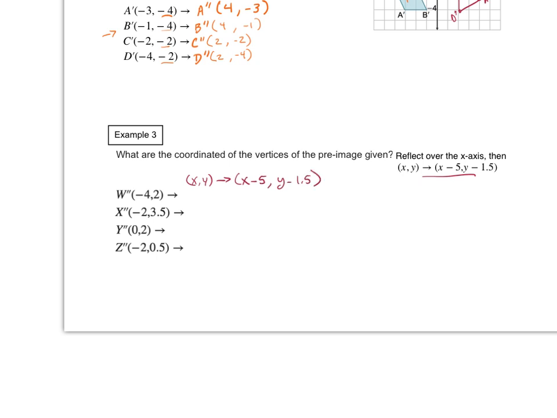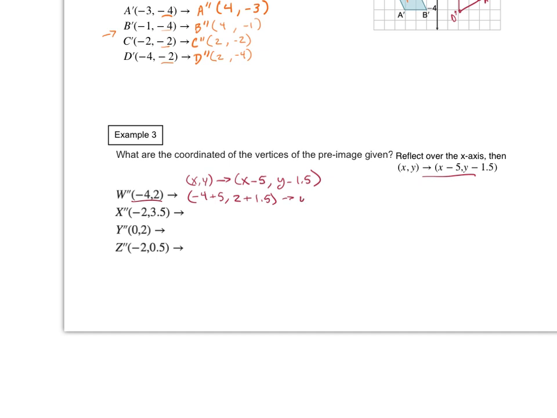That was my second movement, so to reverse it, instead of minus 5, I would add 5, and instead of minus 1.5, I would add 1.5, and that would reverse that.